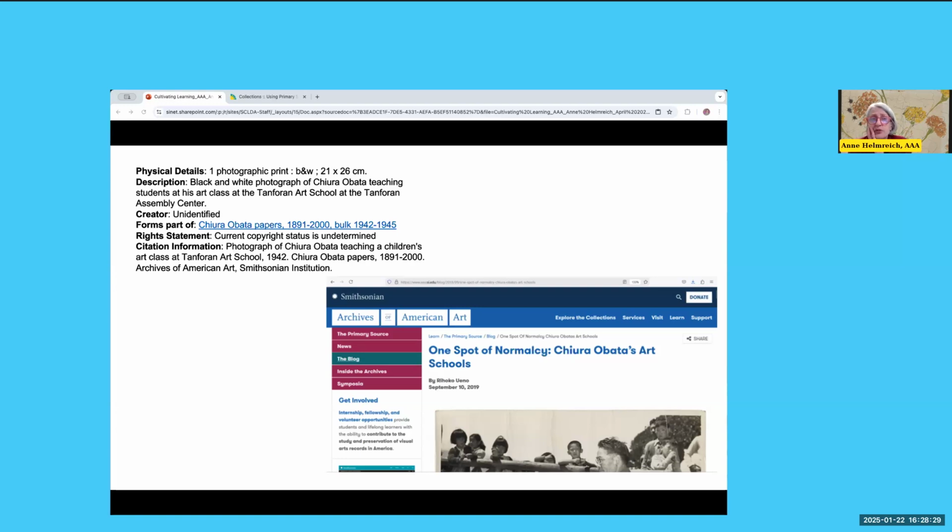And Esther's right, we don't know who created it. Here at the archives, we were given the papers of this artist, and this photograph was amongst those papers. So we know he saved it, we know he treasured and valued it, but we weren't given the information about who made this photograph at the Assembly Center.